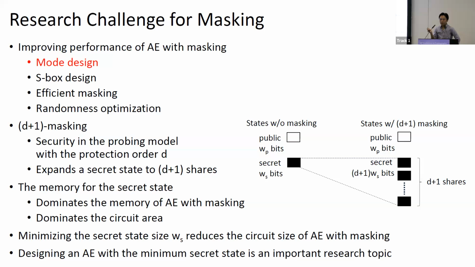So the memory for the secret state dominates the memory of AE with masking, and the memory dominates the circuit size of a scheme with masking. So minimizing the secret state size reduces the circuit size of AE with masking. Designing AE with the minimal secret state is an important research topic.